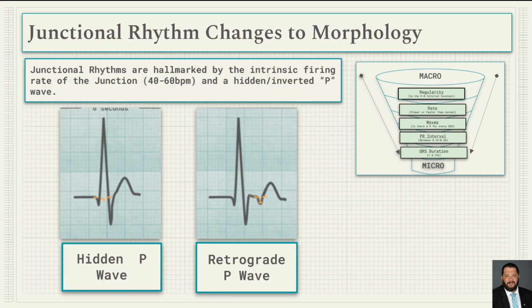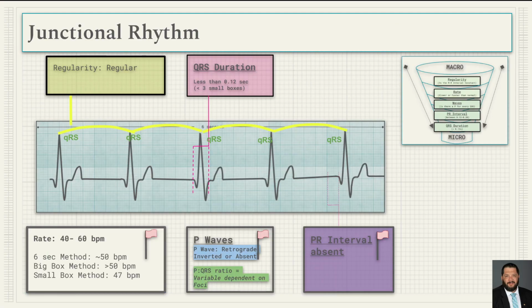As we did with all of our previous rhythms, we're going to use our same 5-step process for determining our underlying rhythm. But here's another example for you for looking at how that P wave may be hidden within the QRS complex. Okay, starting from the top of our process, we'll look at regularity. In this rhythm, the junctional rhythm, the R to R interval is completely regular.